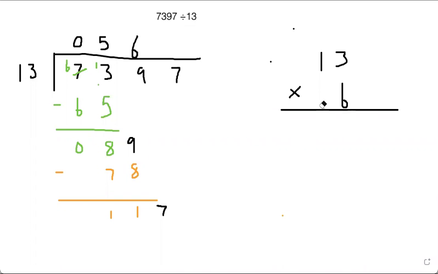Let's try 13 times 9 to see if this works. 3 times 9 is 27. 9 times 1 is 9. Add 2 more is 11. So as you can see, 9 13s fit into 117 perfectly without any remainders, which leaves us with a final answer of 569. Thank you for watching.